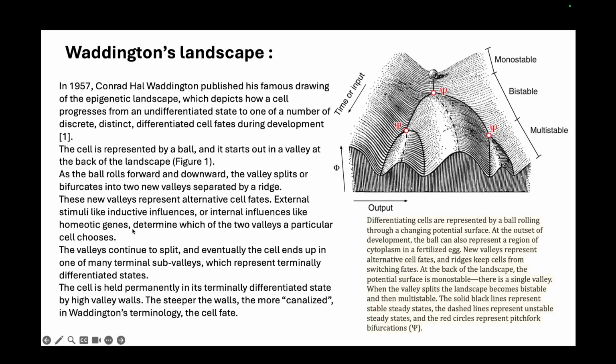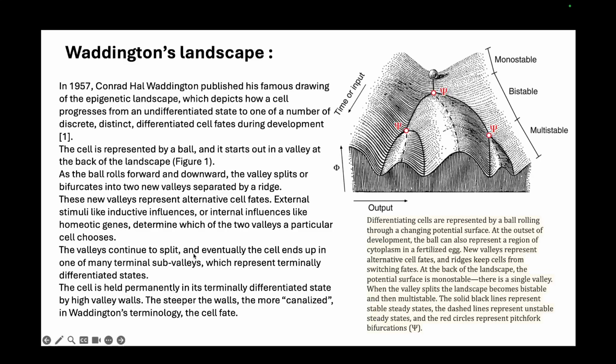So these new valleys represent alternative cell fates, determined by external stimuli like inductive influences or internal influences like homeotic genes. Homeotic genes are those genes which drive a particular cell fate differentiation. So genes like GATA3 and ROR gamma T that I was telling you about for T cell differentiation are what are called homeotic genes or master regulators. These homeotic genes determine which of the 2 valleys a particular cell chooses.